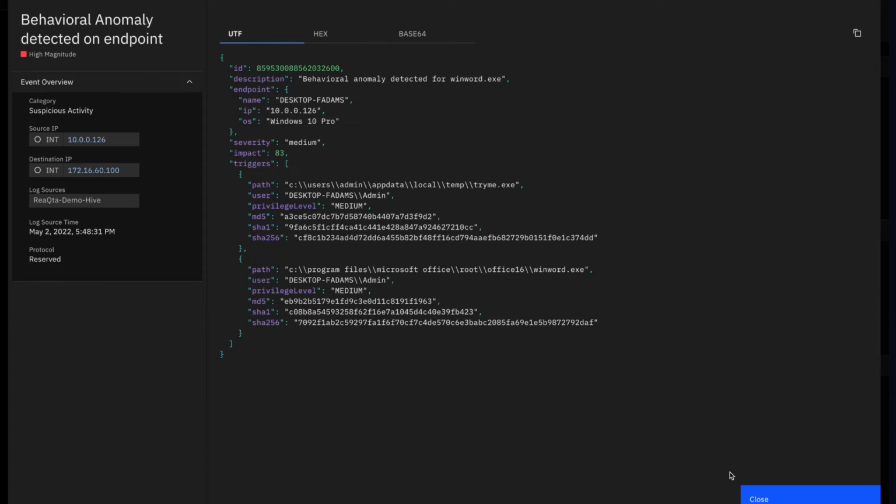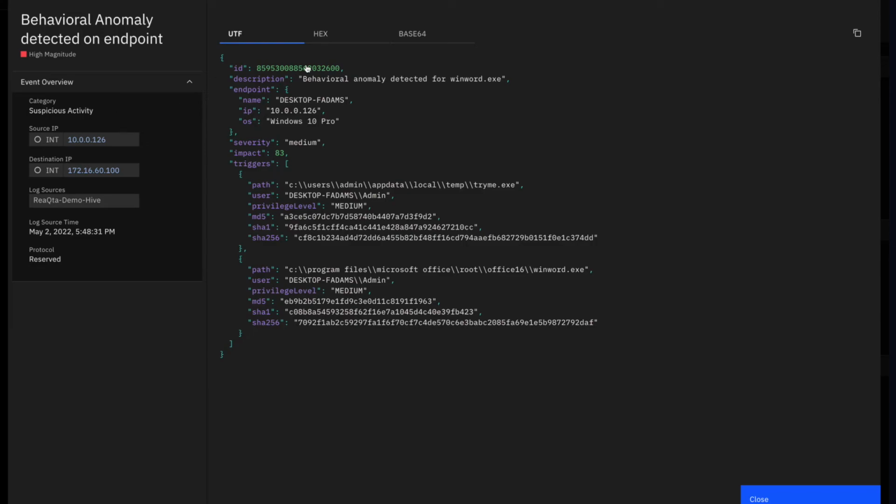But why is it important to check the payload? Well, the payload provides visibility that showcases the entire picture of what's going on. So we're able to see the path, the user that's associated, what privilege level this is, and any hashes that are associated as well. So we get the contextual standpoint as well as the parsed-out properties so that we ensure we aren't missing anything.